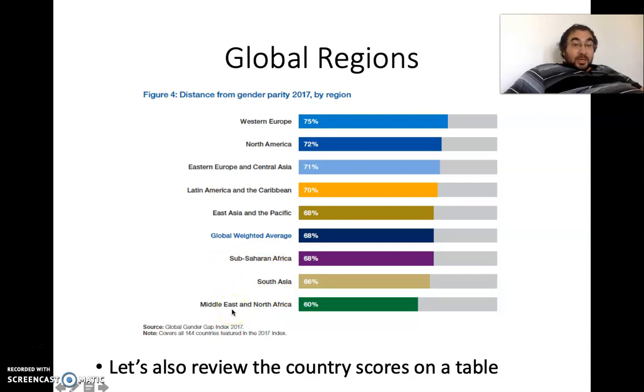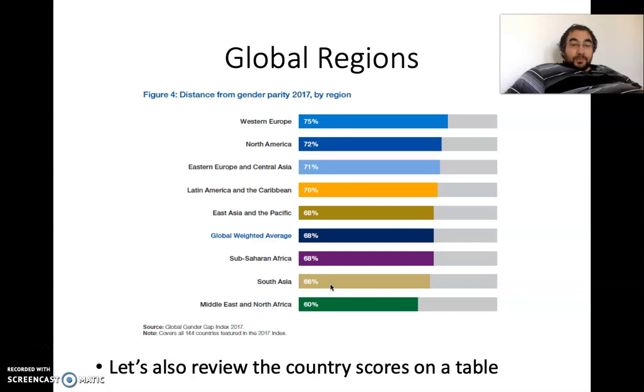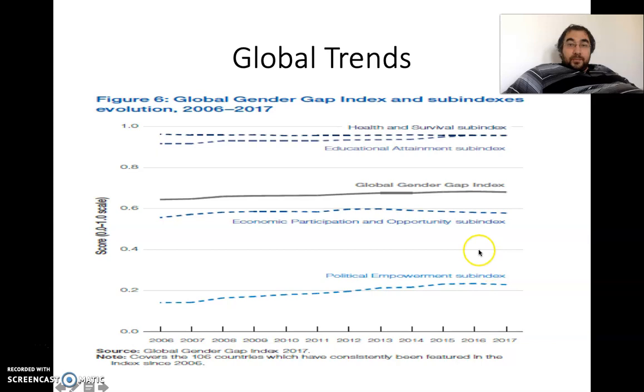Note that this looks at the deviations between male and female, not overall values. And South Asia is also at the lower end, so maybe not in unexpected ways. There are also some country scores, by the way. At the end, we might look at them. But you can see the trends here, basically.